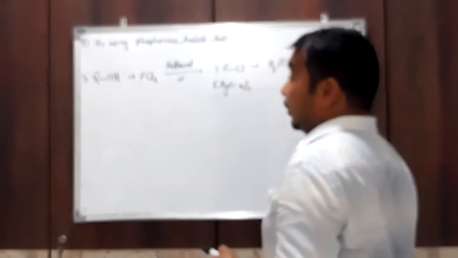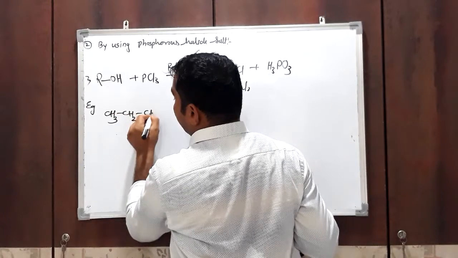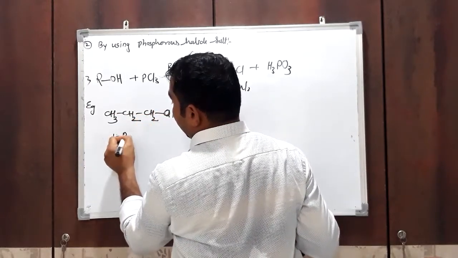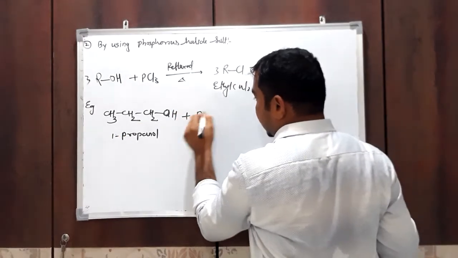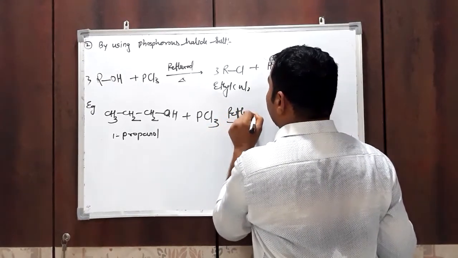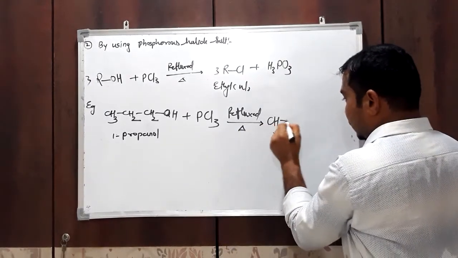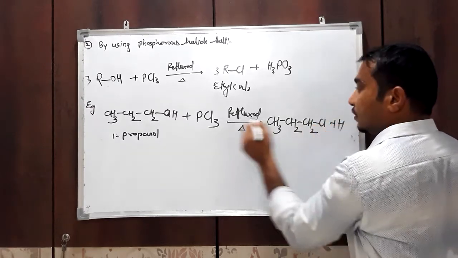Now, for example, CH3CH2CH2OH, 1-propanol, plus PCl3, reflux, then CH3CH2CH2Cl plus H3PO3.